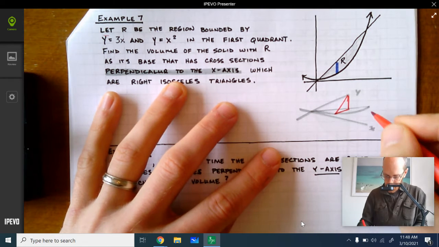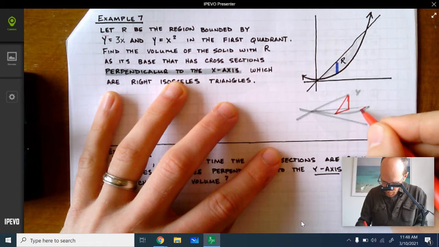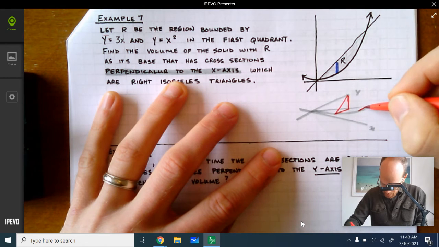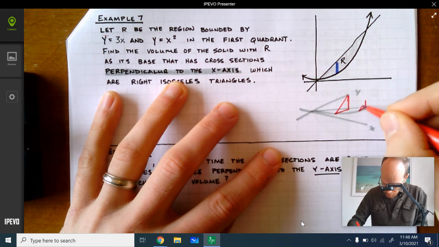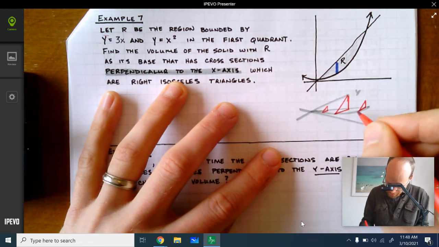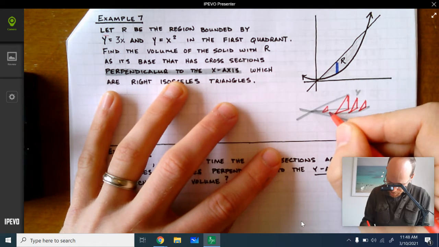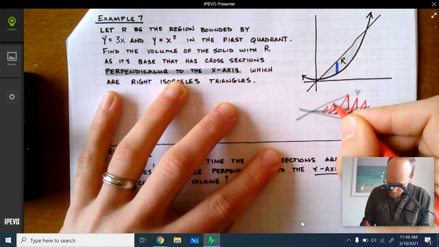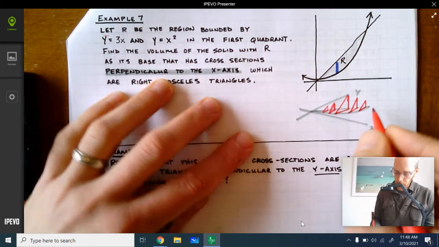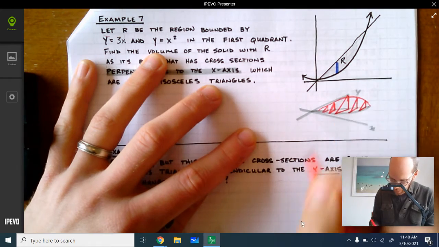And then over here where that base is not so big, the height of the triangle will be not so big. And so you're going to get little regions that look kind of like that popping up all through this range. Cool. All right. When we're all done, you'll get kind of a shape like that.